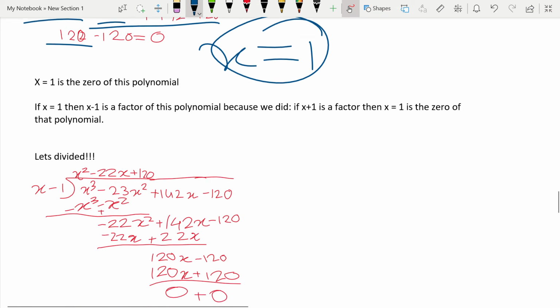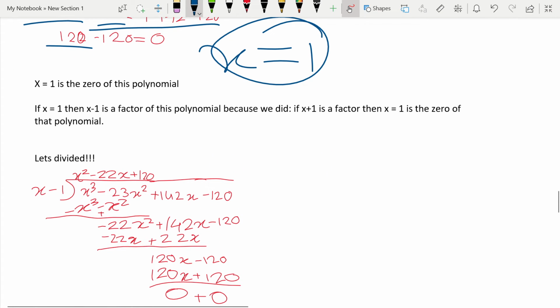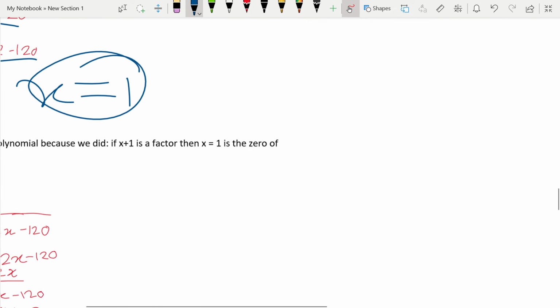If x is equal to 1, then x minus 1 is a factor of this polynomial, because in the last example we had x equal to minus 1 and our factor was x plus 1.